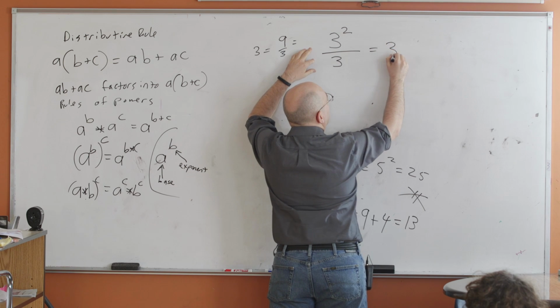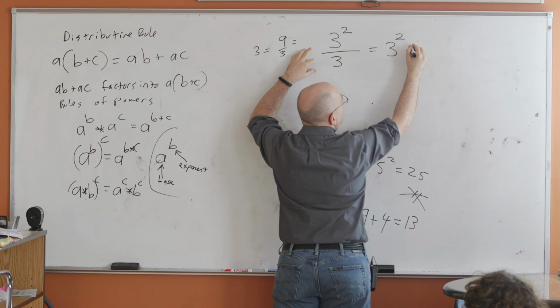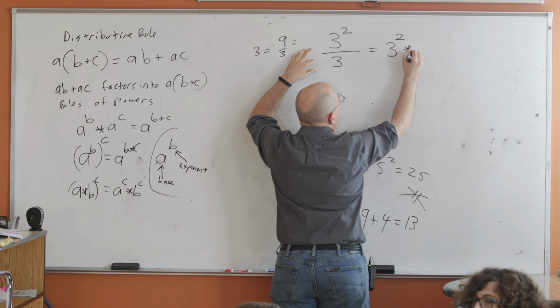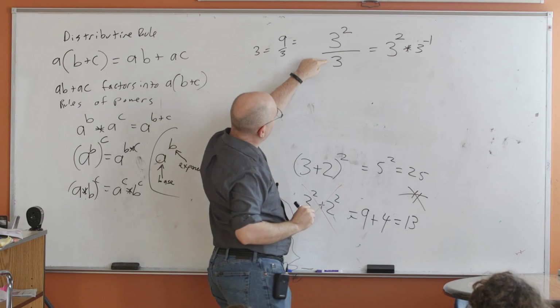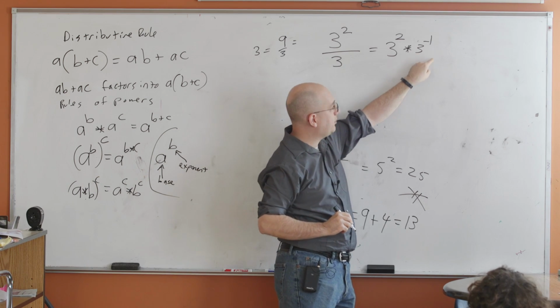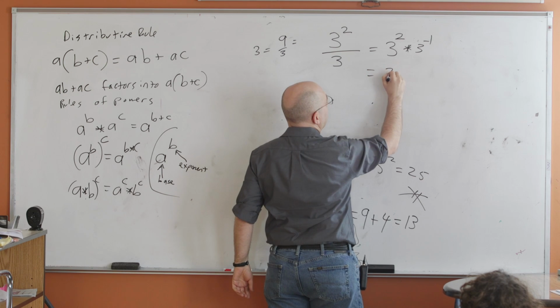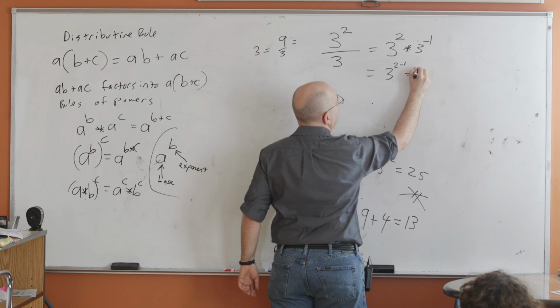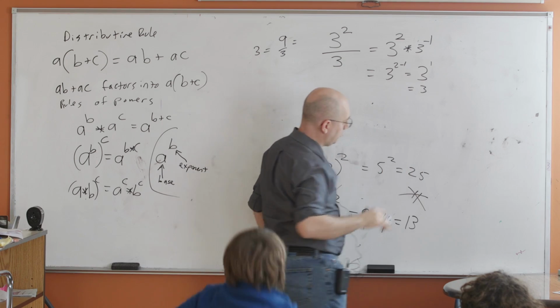So you can view this 3 on the bottom as 3 to the minus 1. So a negative power is about fractions, and then we can add them, and then you get 3 to the 1, which is just 3.